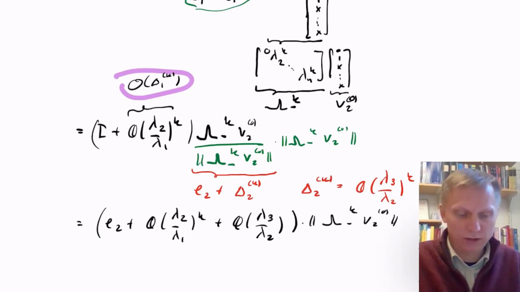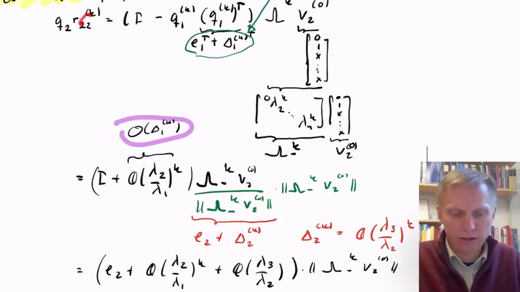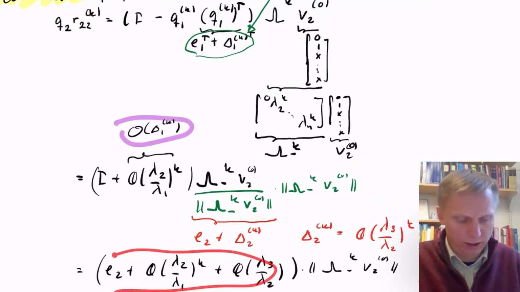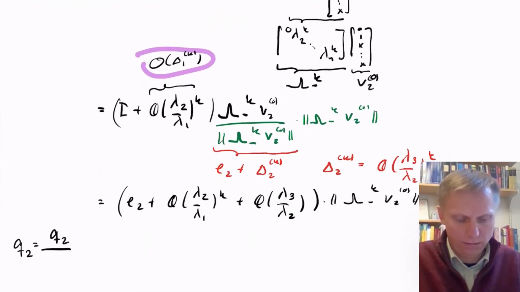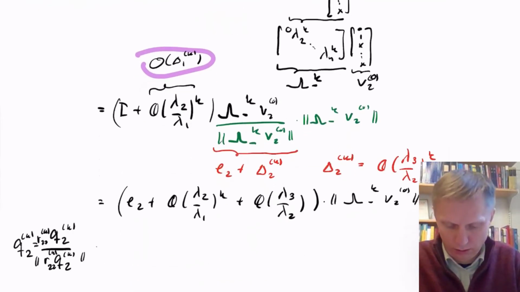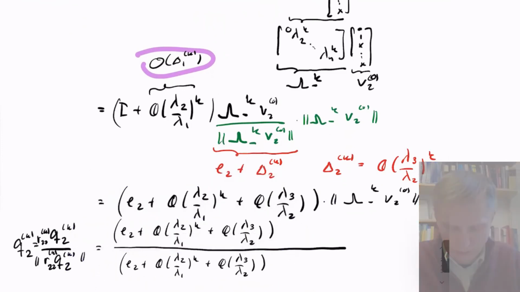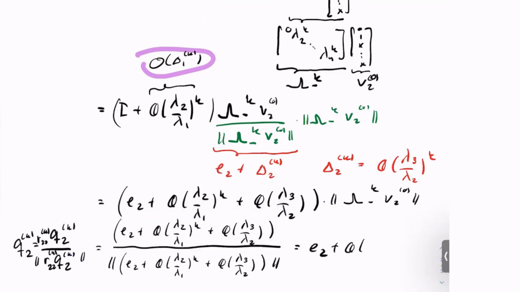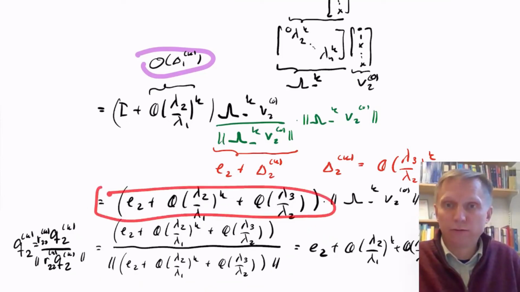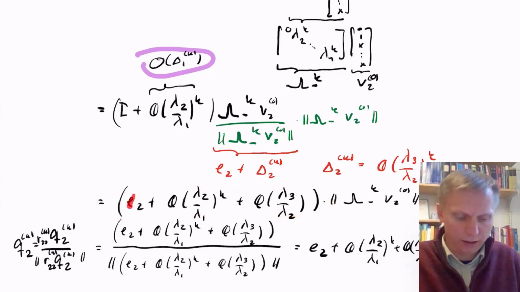The final step consists of removing this term in the same way we had before. So we're going to take Q2, use that it is normalized, and use this expression. We just use the complicated formula we derived, which says that Q2 times R22 is E2 plus these error terms.